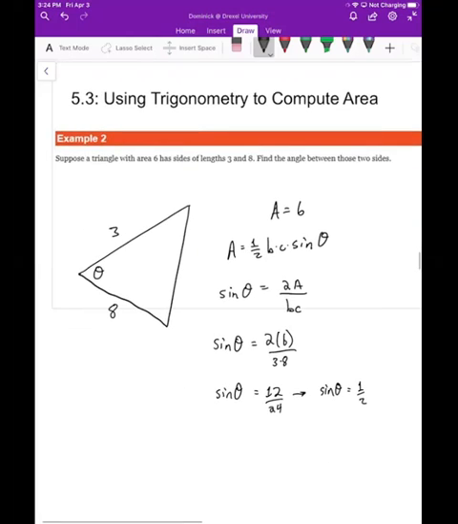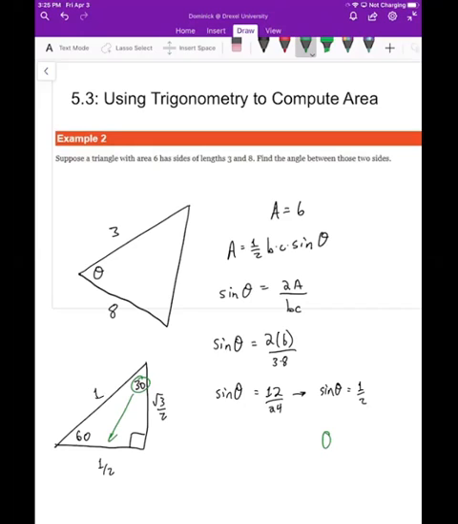So now we want to think about what's an angle whose sine is 1/2. Of course, we remember that that comes up in a 30, 60, 90 triangle. So which of these two angles has a sine of 1/2? Well, that's going to be the 30 because its opposite side is 1/2.